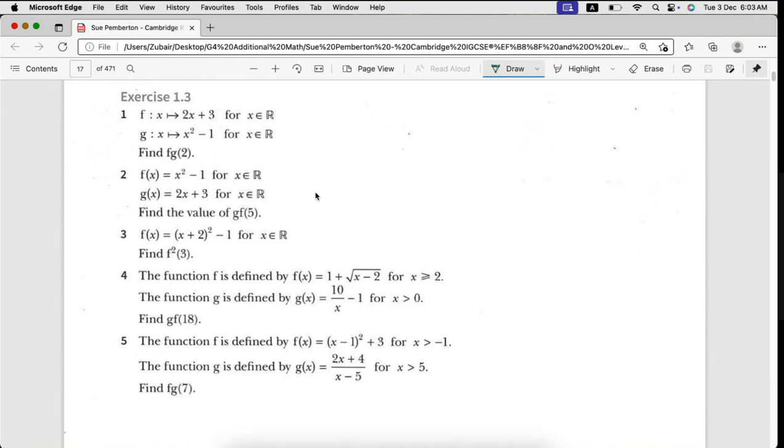So finding gf(18), first we substitute 18 in f. 18 minus 2 is 16, square root of 16 is 4, 4 plus 1 is 5. So we substitute 5 in g of x. 10 by 5 is 2, 2 minus 1 is 1.